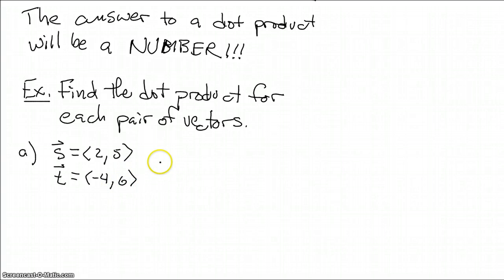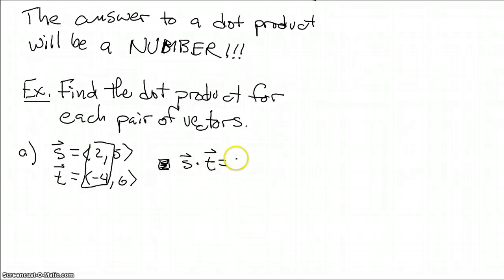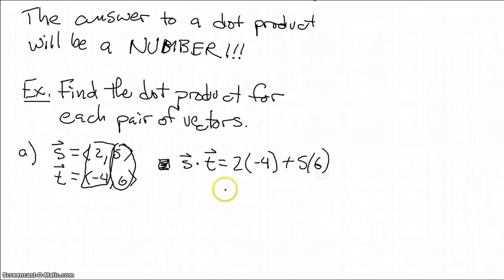So if we're following our formula that we wrote, we have S dot T is going to be equal to, we're going to take our x components and multiply those. So I've got 2 times negative 4, and then we're going to add that to our y components, 5 times 6.